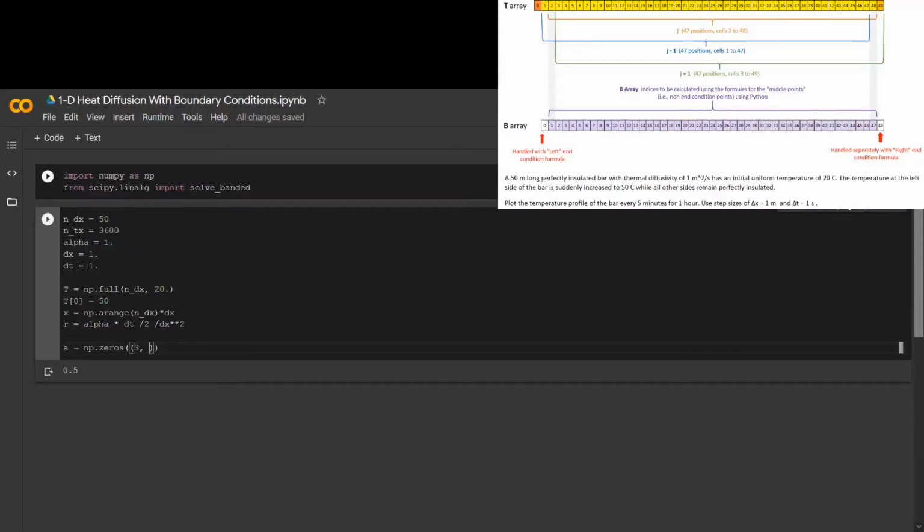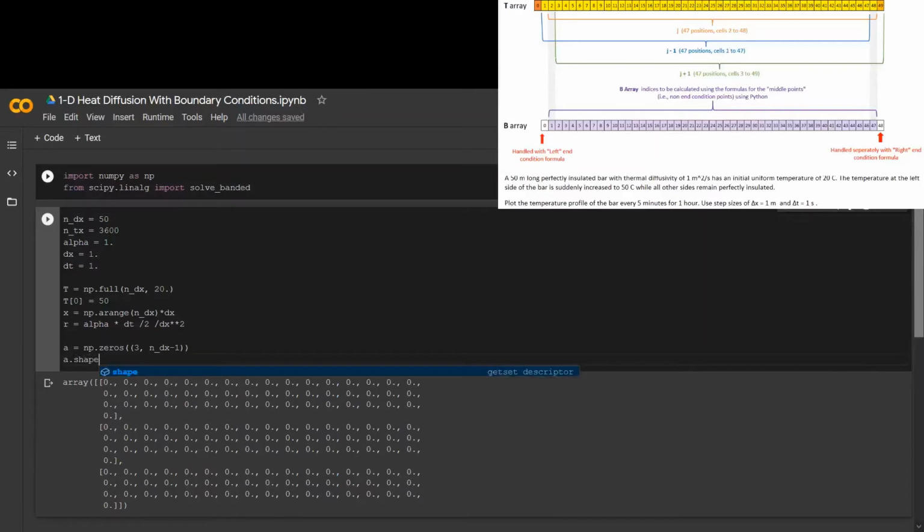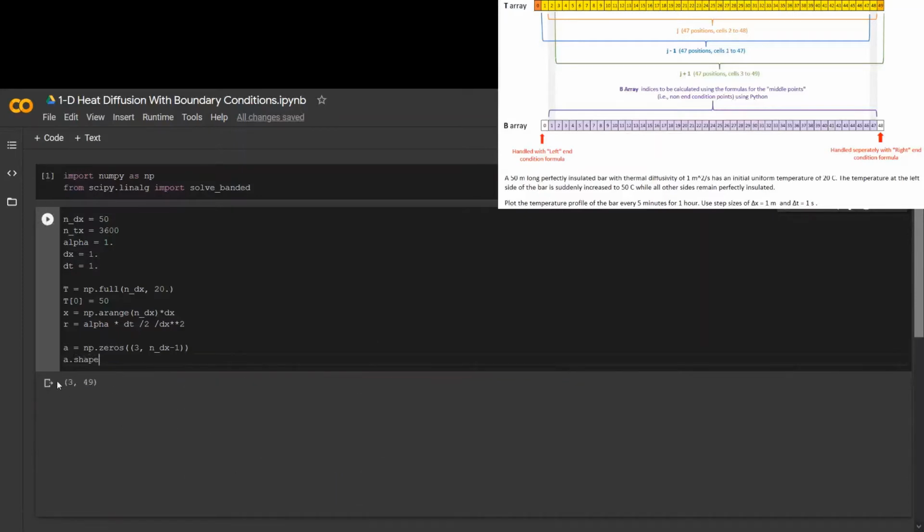So everything after that will be unknown. So in that case, let's say that's ndx minus 1. Let's check that. 49, right? Okay, that looks good.